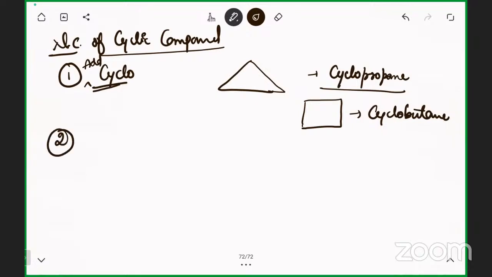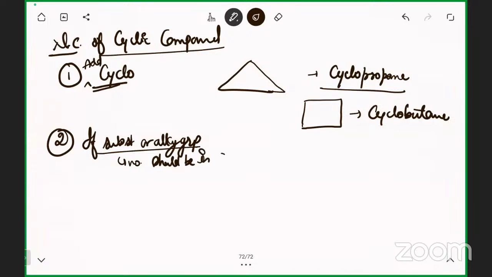The second rule is, if a substituent or alkyl group is present, then you will do the numbering in alphabetical order. If a substituent or alkyl group is present, numbering should be in alphabetical order.